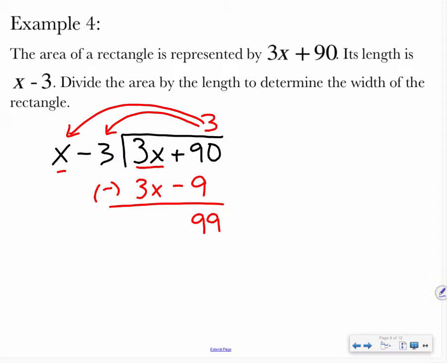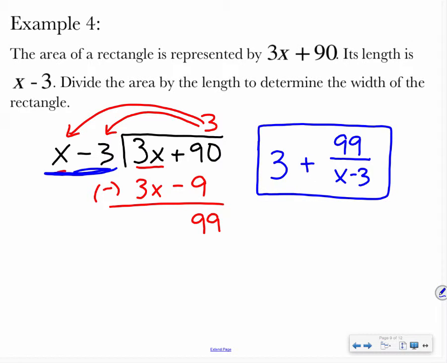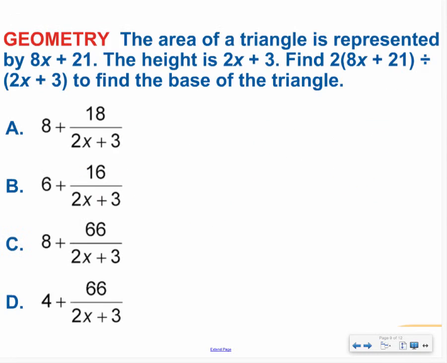So the way that I write this answer, I say 3 plus 99 over, remember, our expression that we are dividing by. And this, 3 plus 99 over x minus 3, represents our width of the rectangle.